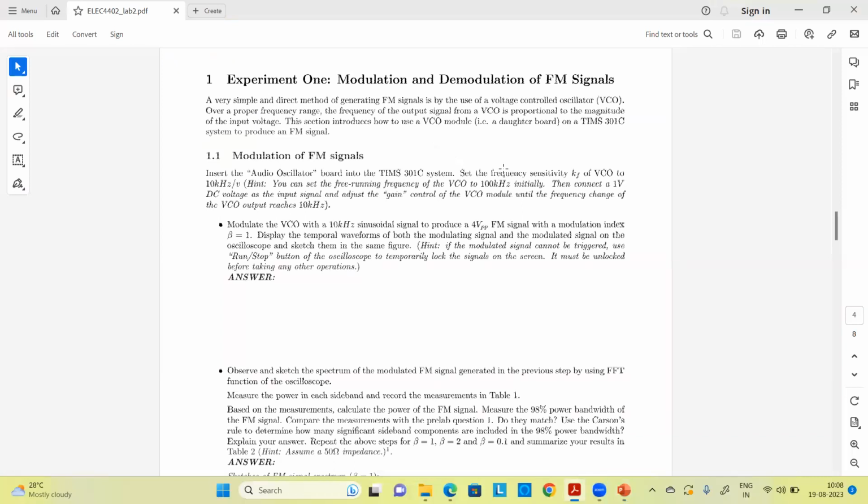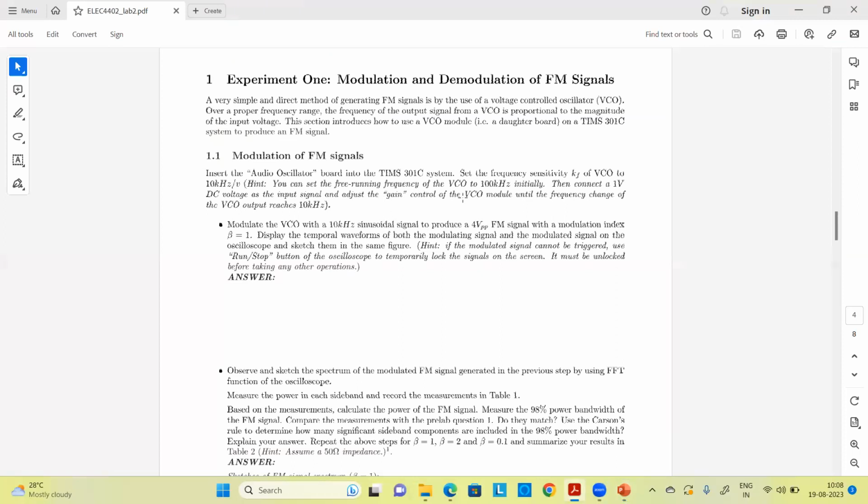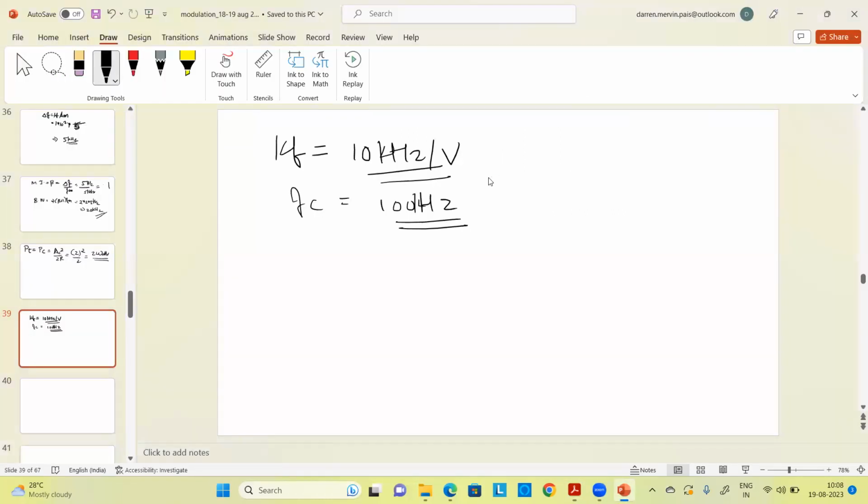Let me just take this down. So this is the experimental one, wherein they're saying that the VCO, voltage controlled oscillator, has a Kf, that is the frequency sensitivity, of 10 kilohertz, and the setting frequency of VCO is 100 kilohertz. So always remember the free running frequency of a VCO is 100 kilohertz.